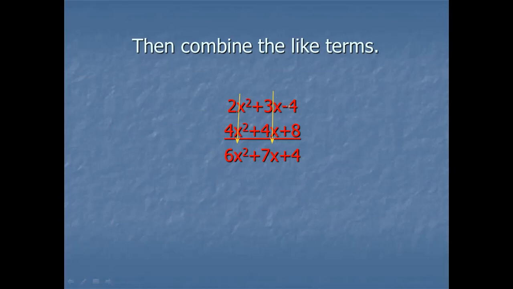Negative 4 plus 8 have different signs, so we get the difference of the two numbers, taking the sign of the bigger number. So negative 4 plus 8 is positive 4. That is what we do when it comes to addition of polynomials, addition or subtraction.